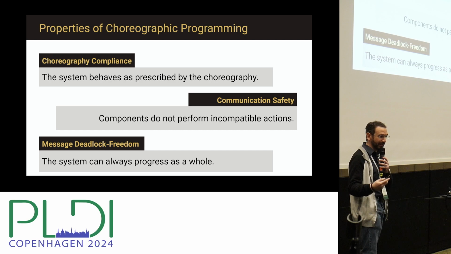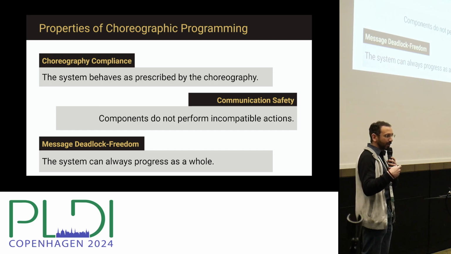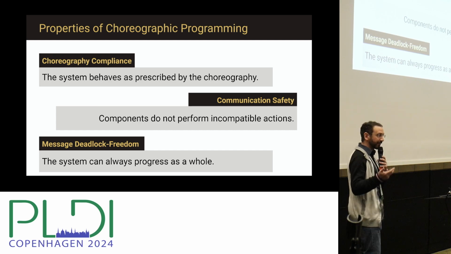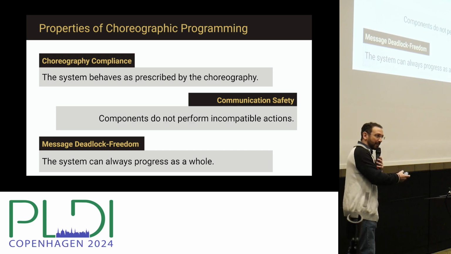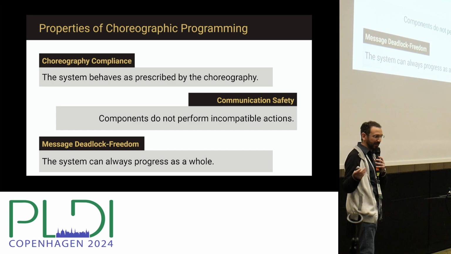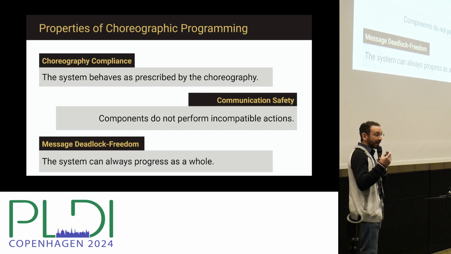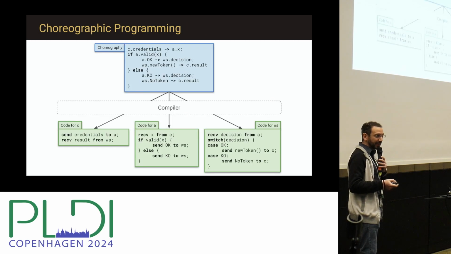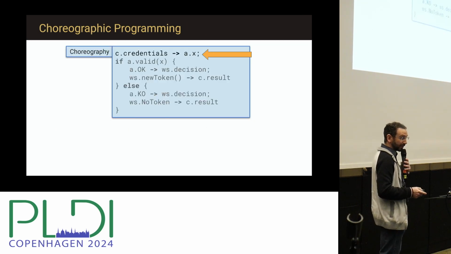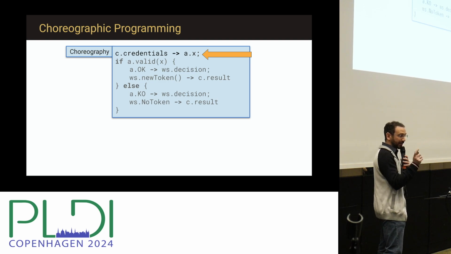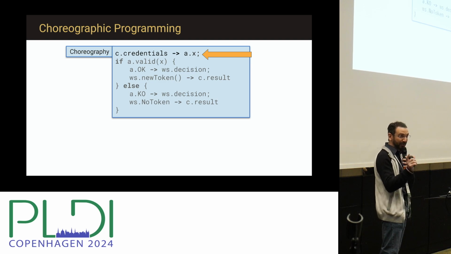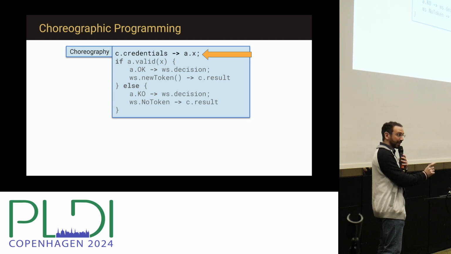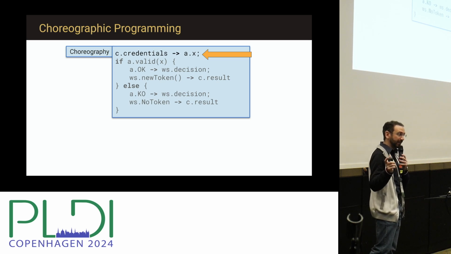The corollaries are communication safety, so nothing unexpected is done by one of the members to some other participant, and we don't have deadlocks on messages. This is simply because the interaction is a send and a reception that are always paired, so you can never write, syntactically, a send that is unmatched by a reception.